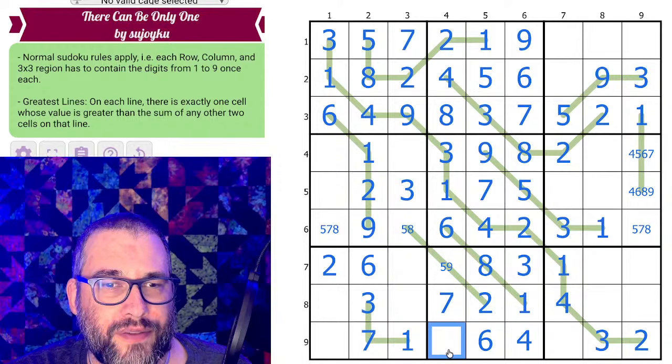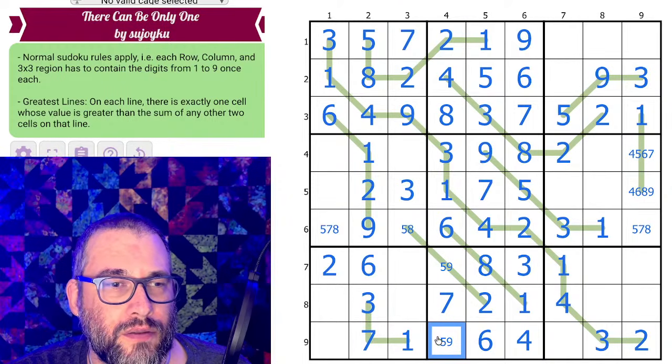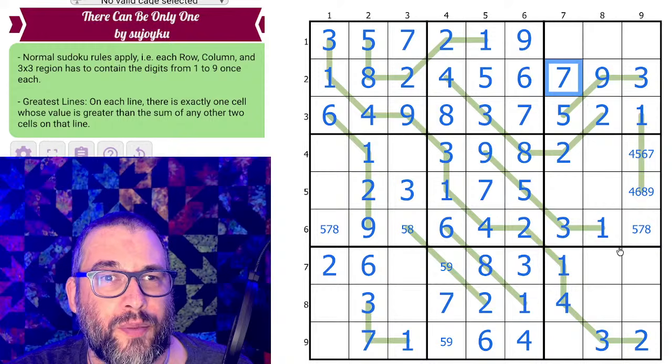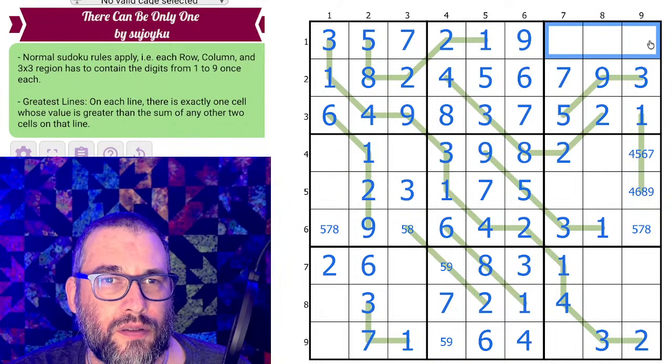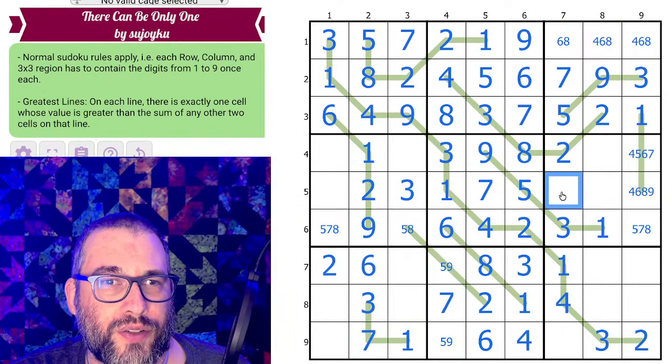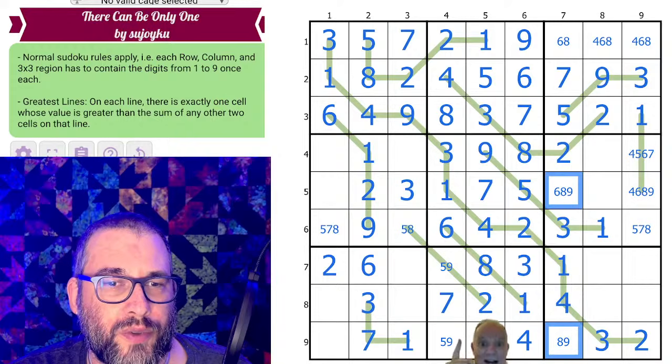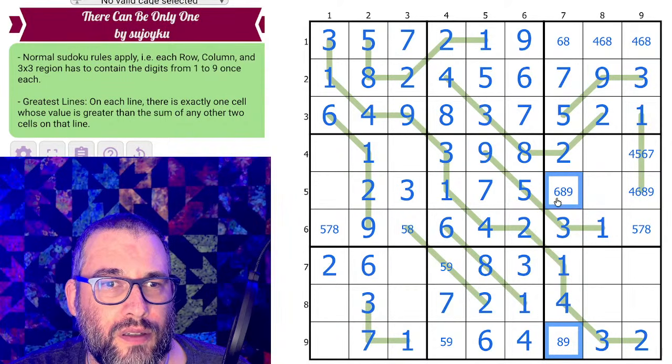Is the other 5, 9. We got a 7 there. Let's see. 8. Those 9.